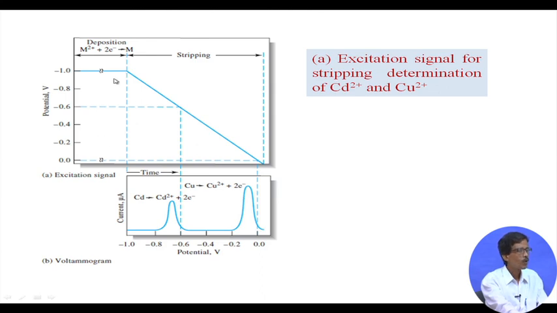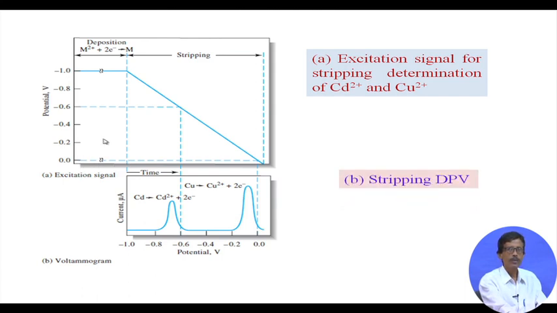As you move from minus 1 back to 0, you scan, and your electrode is now the anode. This anodic electrode records the voltammogram. You excite it, then you record it. This is a very quick process, you do not require much time.